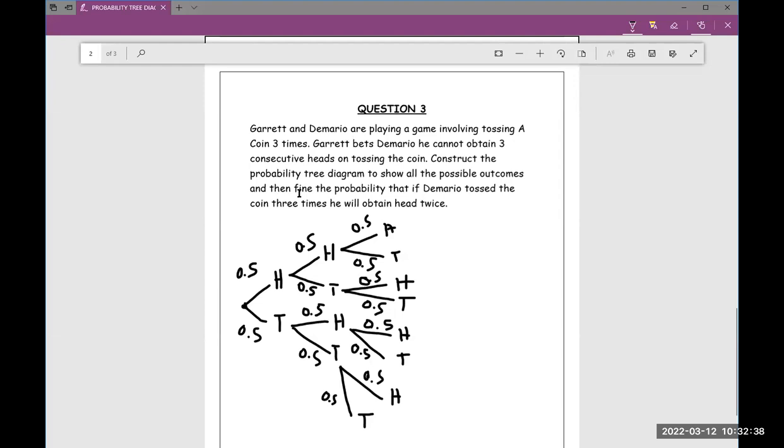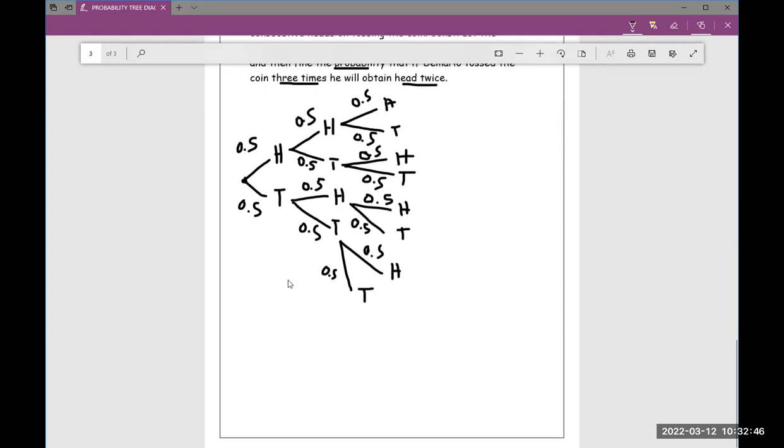So now we need to work out, it said find the probability you get hit twice. Why do you have hit, hit, hit? I don't understand why you have hit, hit, hit.